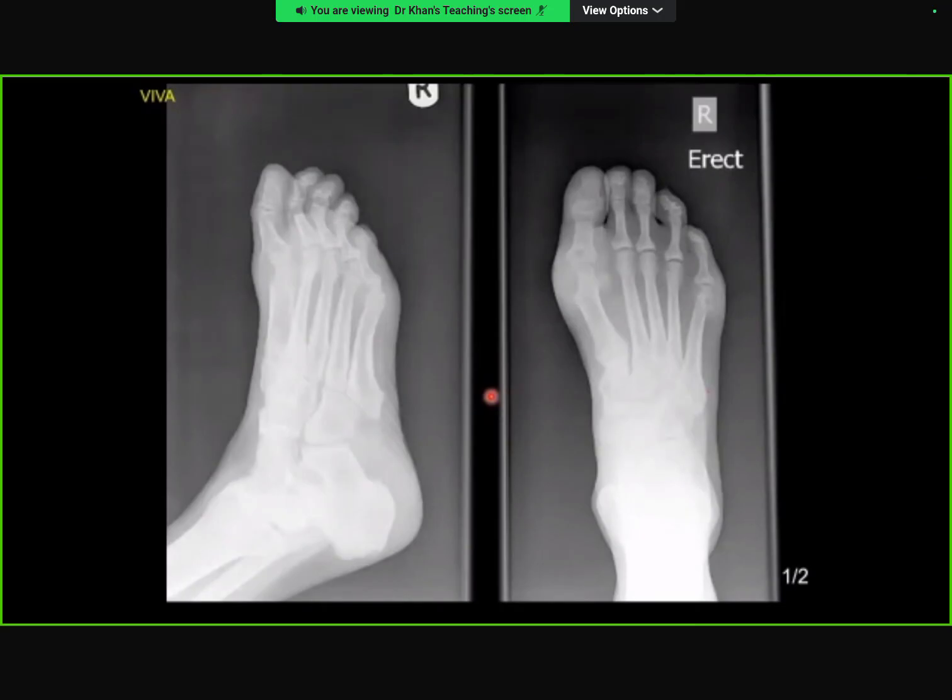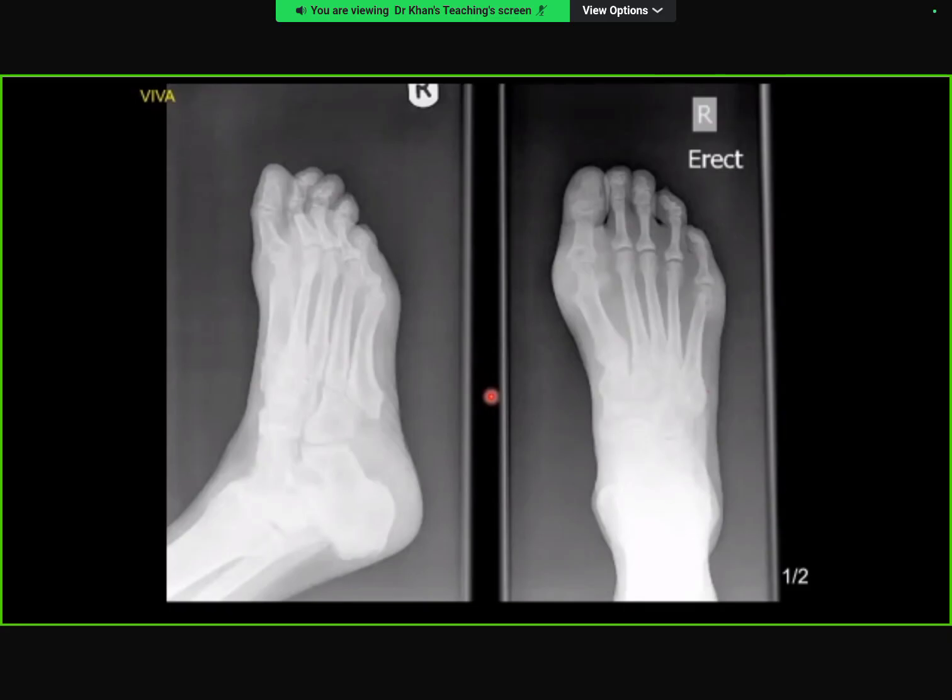It's a DP and oblique view of the right foot, which is demonstrating a punched out erosion at the first metatarsal and also the proximal phalanx of the first digit of the big toe.